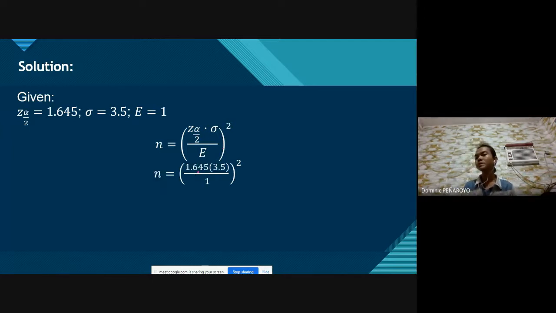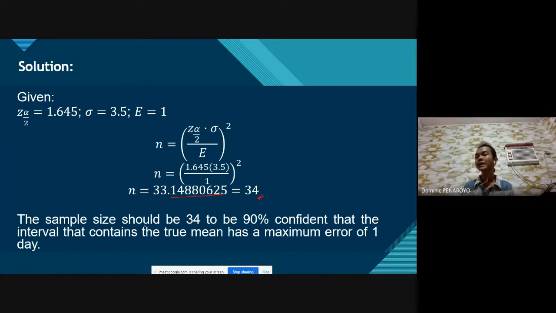So substitute natin yung mga value doon sa ating formula, and you will have 33.1488... Since again there is a decimal portion in the final answer, you need to round up to the next whole number. So that would be 34. Therefore, the sample size should be 34 to be 90% confident that the interval that contains the true mean has a maximum error of 1 day.